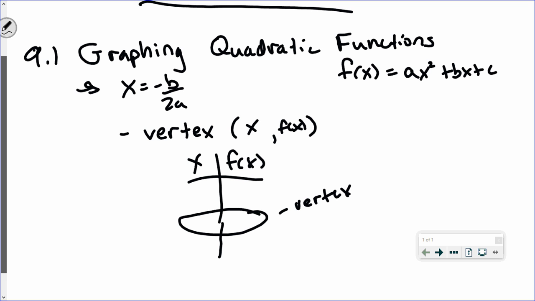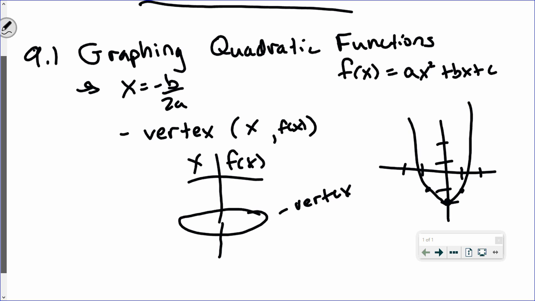We used our axis of symmetry, and then lastly we would use our coordinate plane to graph some parabola. We'd plot our points from our t-chart. So that was 9.1, graphing quadratic functions.